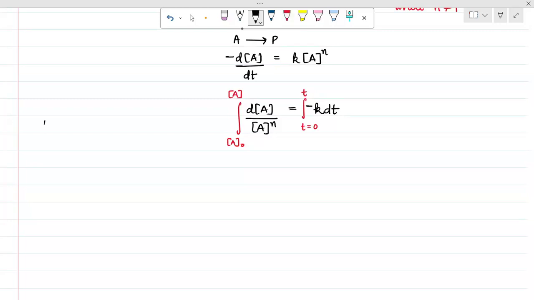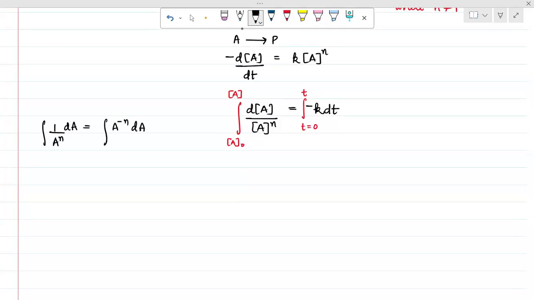We know that the integral of 1 by A to the power n dA is equal to the integral of A to the power minus n dA. This was in the denominator, A to the power n; when we take it to the numerator, it becomes A to the power minus n.